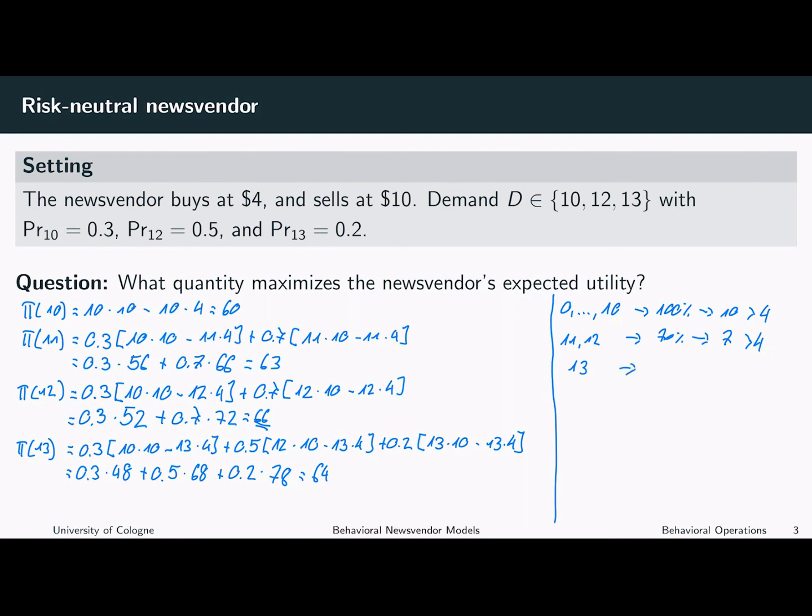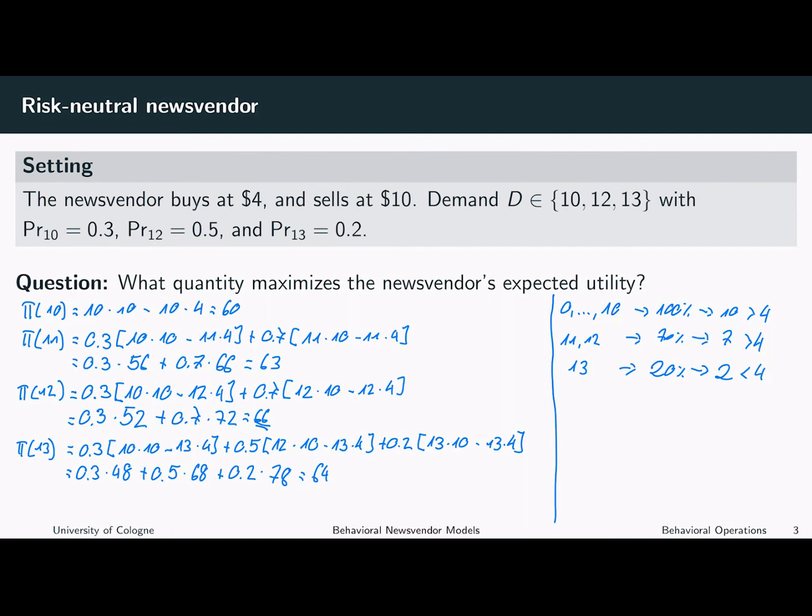So as you can see, the 13th unit will only be sold with a probability of 20%. And 20% times 10 is just 2, which is smaller than 4. So it makes no sense ordering more than 12 units.